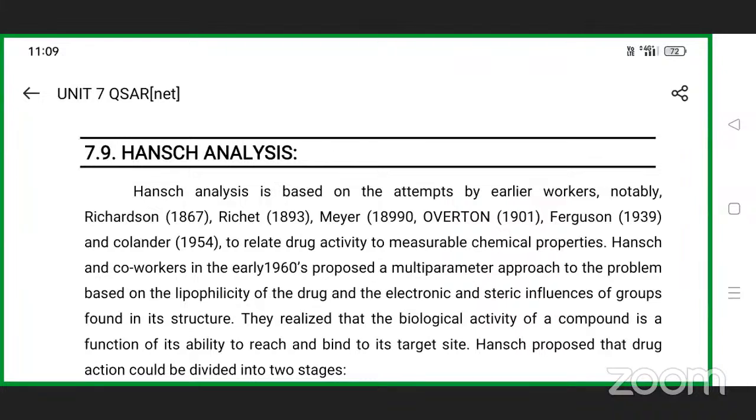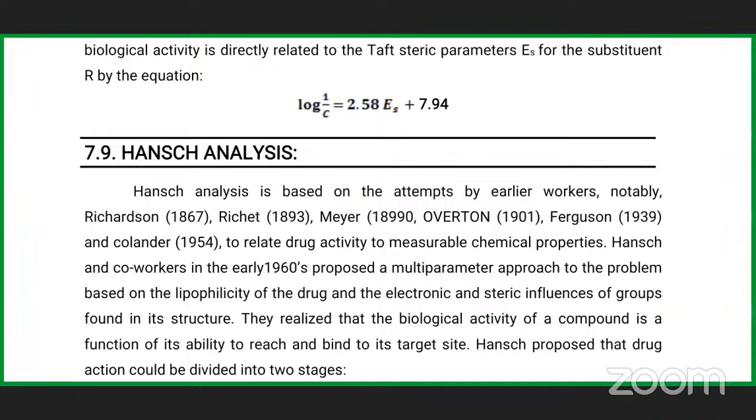So we are deriving the equation by taking all the parameters here, like the steric constant, substituent constant and lipophilicity constant, the partition coefficient. So all the physicochemical parameters, the descriptors, are considered to generate the equation here, right? That is the advantage of Hansch analysis. Generally, we call this multi-regression, Hansch multi-regression analysis. Multi-regression means we are considering all the parameters in one equation, right?